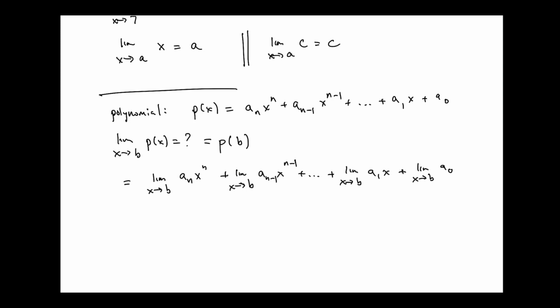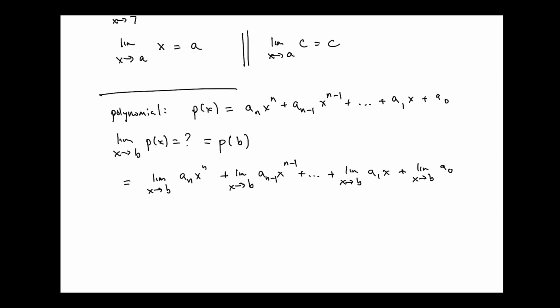A naught, because what is a naught? A constant. And if we approach anything of a constant, what do we get? That constant. Okay. Now, over here, pretend that the a1 isn't there. The limit as x goes to b of x would just be b, right? Because x is going to b.